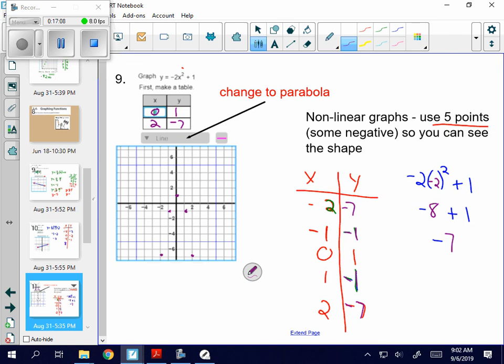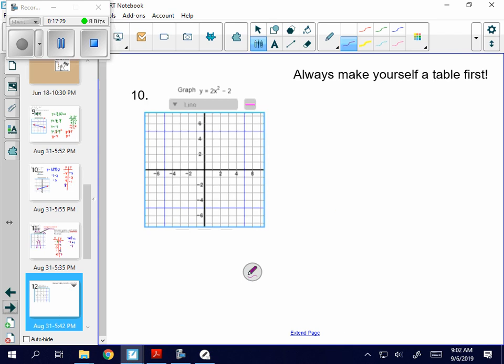Now, this shape, if we were to connect it, it's continuous. There are points within the points, and it creates a parabola. On Get More Math, they kind of make it easy for you. If you change from the line to the parabola, you'll be able to graph it once you put in your 2 points.